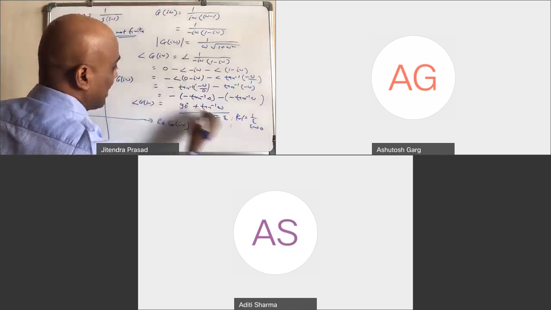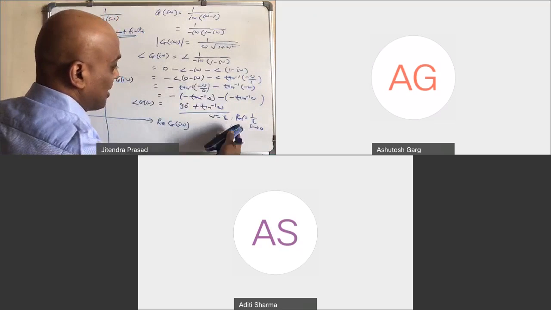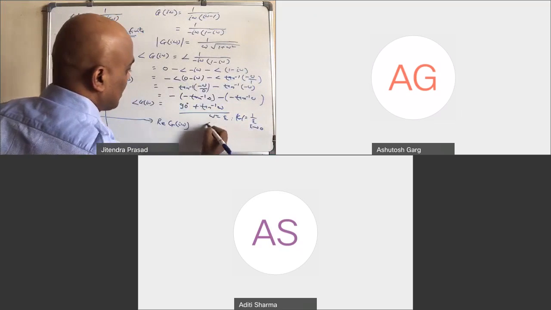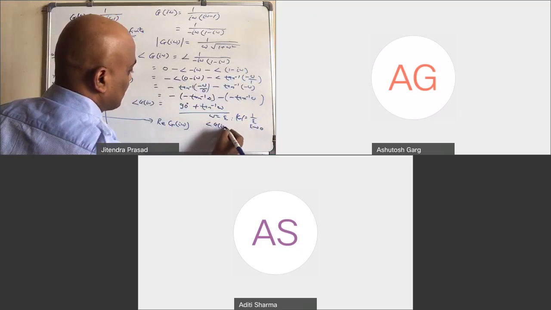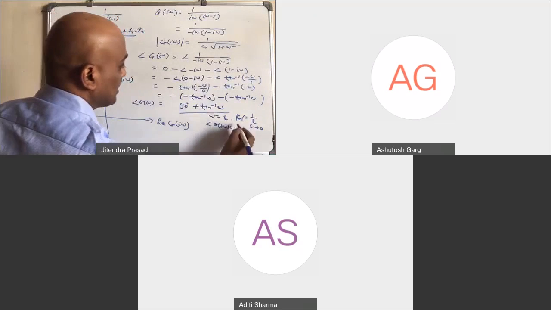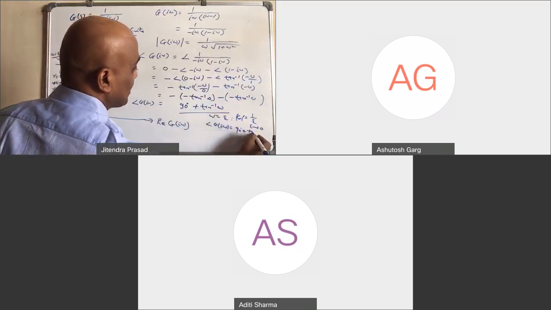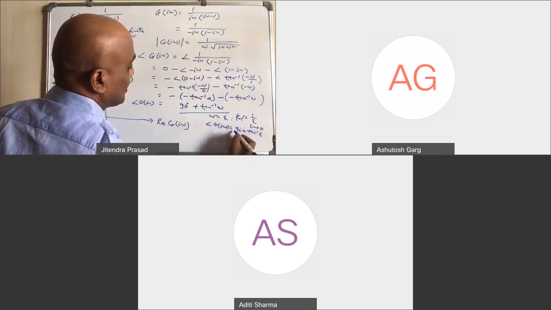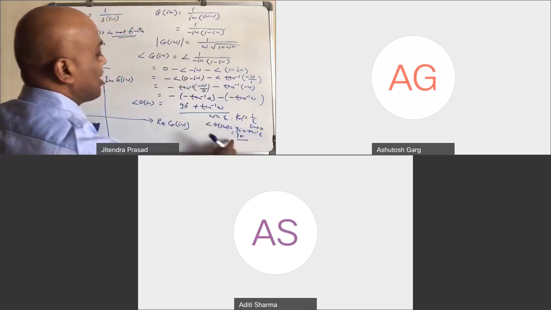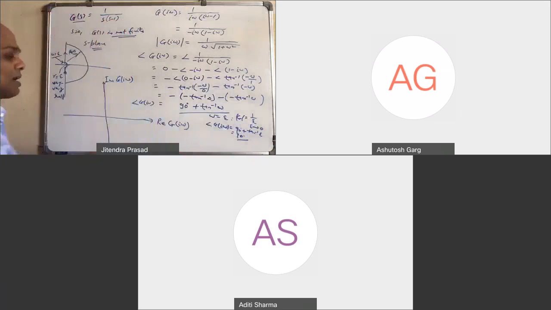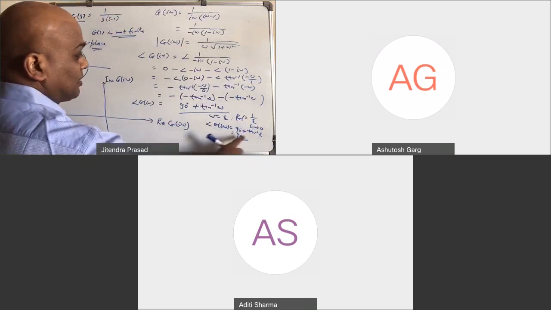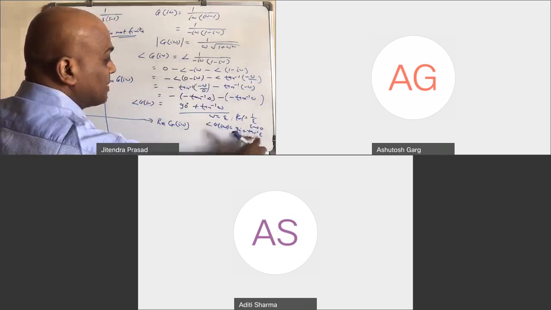And what is the corresponding angle? Corresponding angle of g(i omega) will be equal to 90 degree plus tan inverse epsilon. The tan inverse epsilon is 0 only. It's equal to 90 degrees. It tells you 90 degree and infinite magnitude. A little bit more than 90 degree.